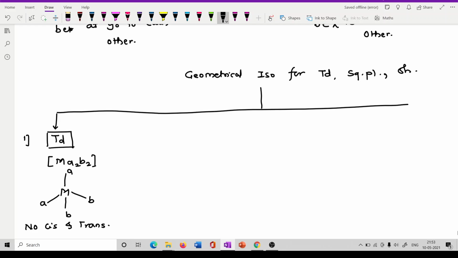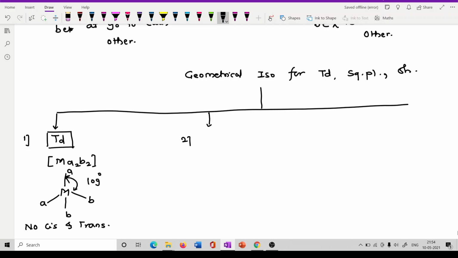Why? Because for cis the same groups must be at 90 degrees to each other, but the bond angle in tetrahedral is 109 degrees, and for trans the same groups should be at 180 degrees. So no cis and trans, which means zero geometrical isomers.